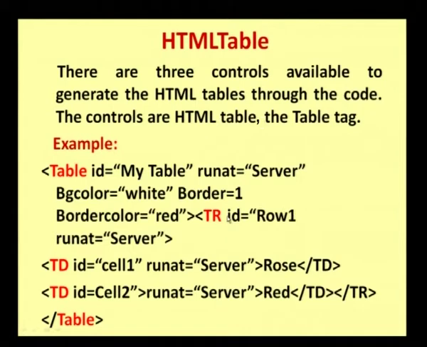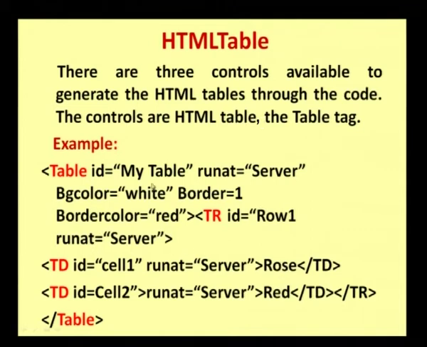Since a table is an arrangement of rows and columns, tr specifies the row, and the row id is row1, and inside the row we have columns and the values to be inserted. The values are inserted with the help of td. td is the table definition, or the value to be inserted. In the same way, I have given the name as cell1, runat equal to server, and the values I have displayed are the colors rose and red.